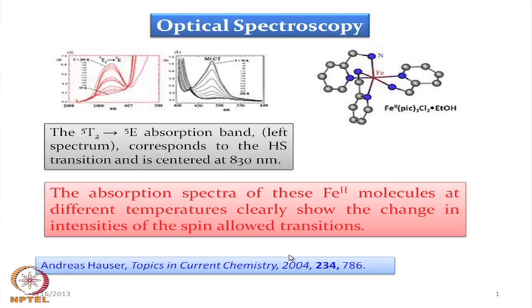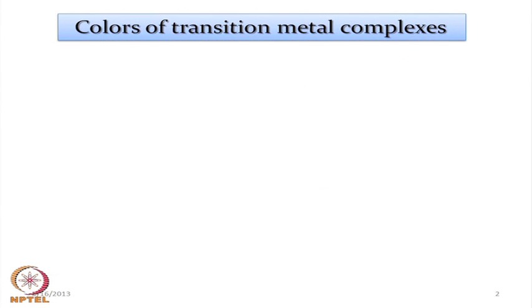So, now we will see that the color and the corresponding spectra can be very useful for characterizing these metal complexes. How do these different colors arise?